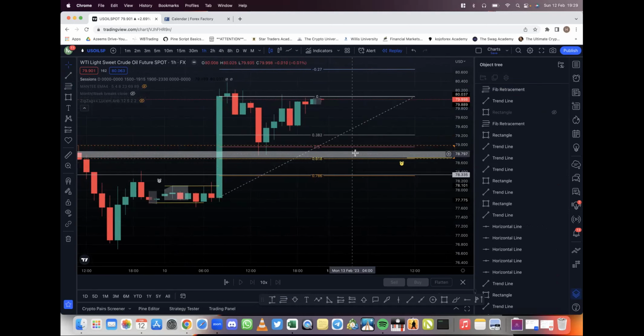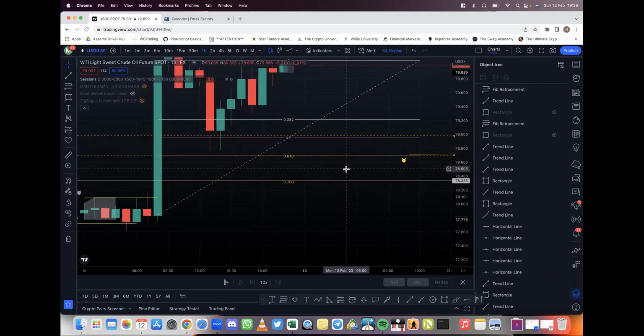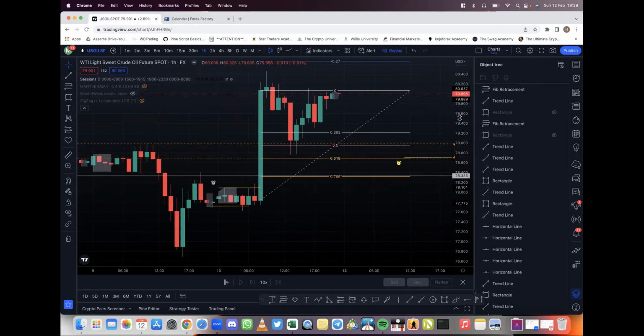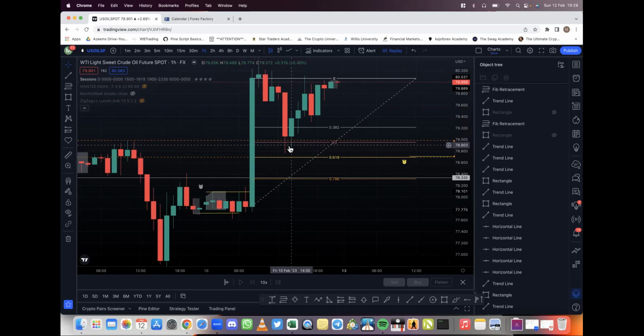You see, when you put the fib on it, which area did we come to test? 61. We came towards the 61 and then we tested the 50. Clearly, that guy, I'm telling you, the way he trades there, he will catch the trade at the bottom, like he doesn't even have any margin for stop loss. You see, it touches the 50 exactly.